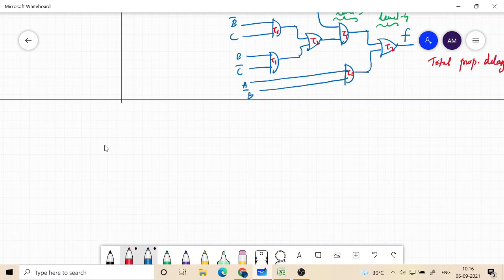Let us take an example from the book itself.